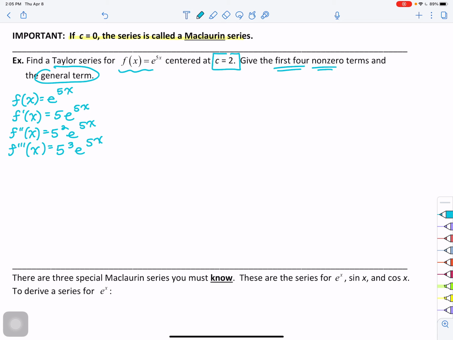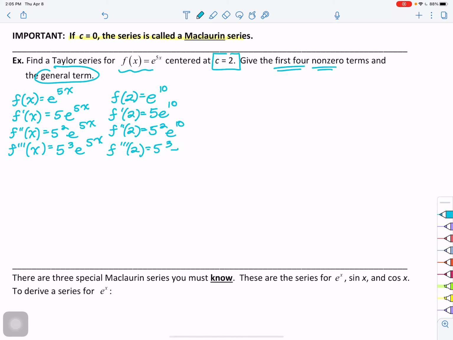And let's go ahead and evaluate each of those. So f at 2, our center, is e to the 10th. And then f prime of 2 is 5e to the 10th. F double prime at 2 is 5 squared e to the 10th power. And f triple prime at 2 is 5 cubed e to the 10th.